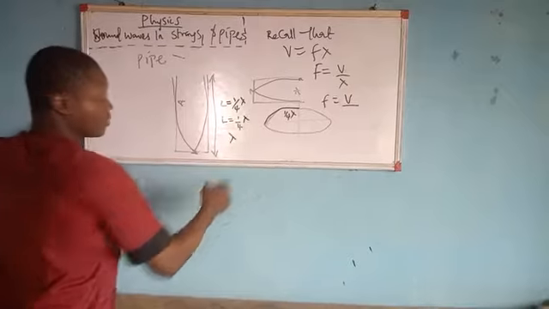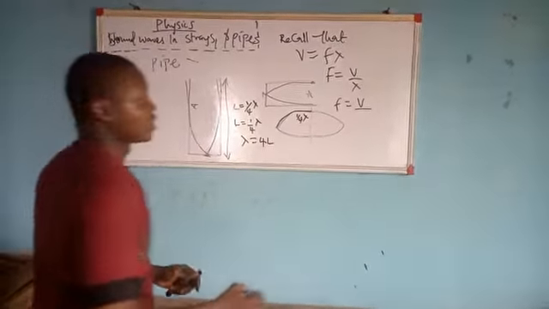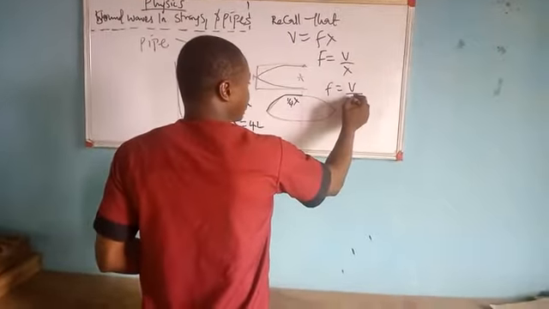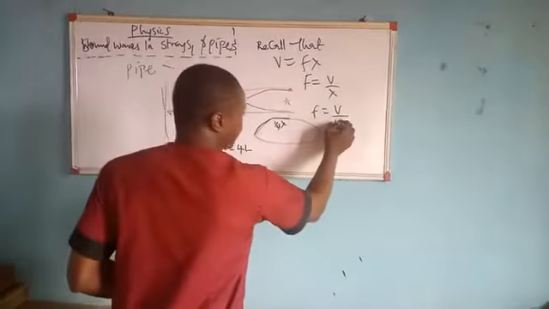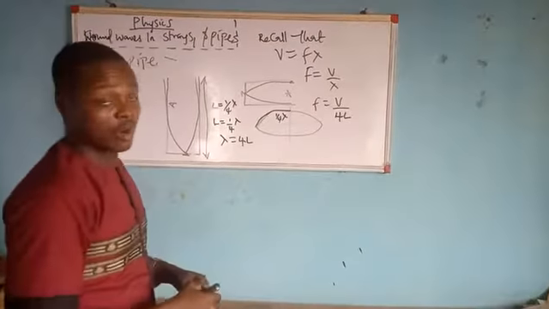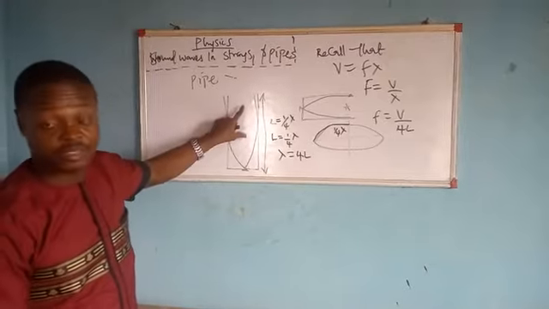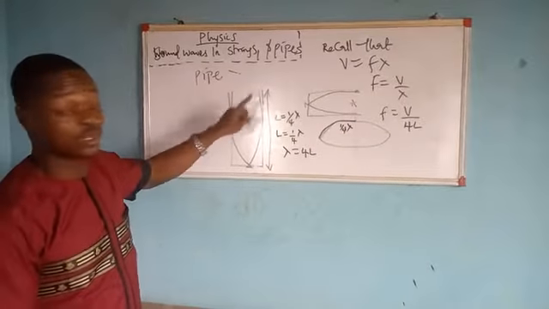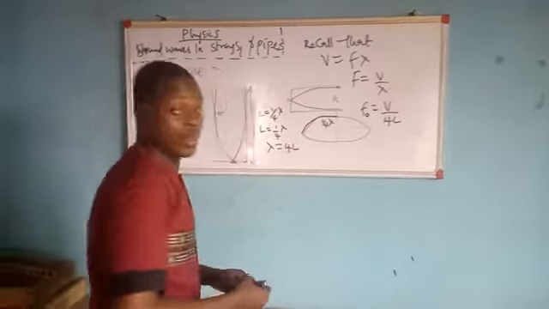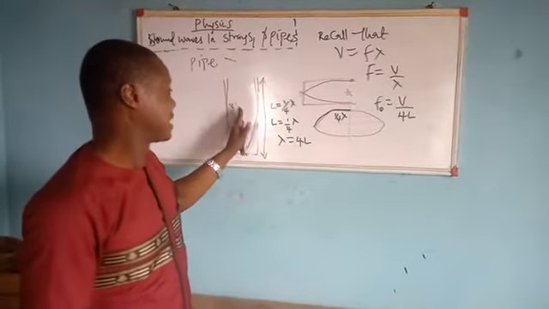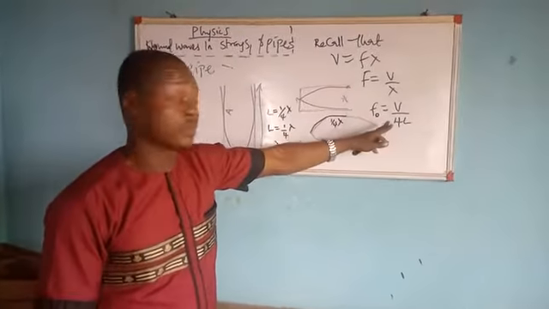So if you make the wavelength the subject of the formula, that will be 4L. So for this case, the wavelength now will be 4L. Recall, this is the first sound, which goes with the first frequency. And the first frequency is called the fundamental frequency. So for the first case, we now have our F naught. The first possible frequency that will produce the first note is called the fundamental frequency, and it is the lowest. So that is what we have.